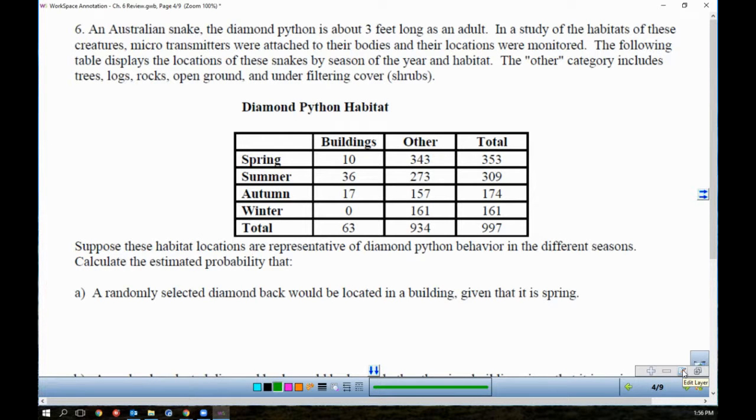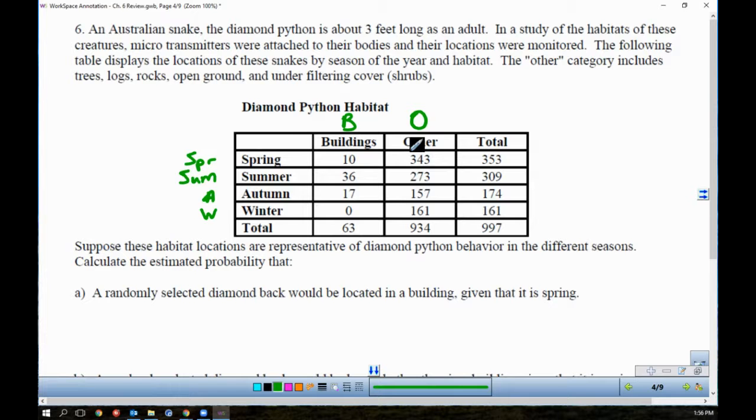And then the seasons, spring, summer, autumn, and winter. So just for reference, for spring, I'm going to use SPR. For summer, SUM. A for autumn, W for winter. Building, I'm just going to use B. Other is going to be O.